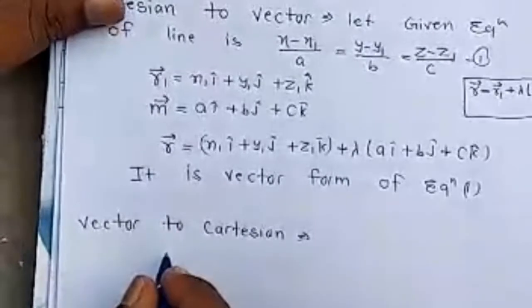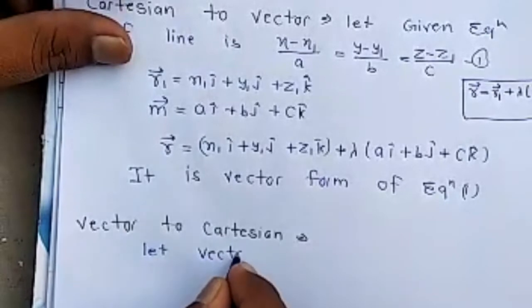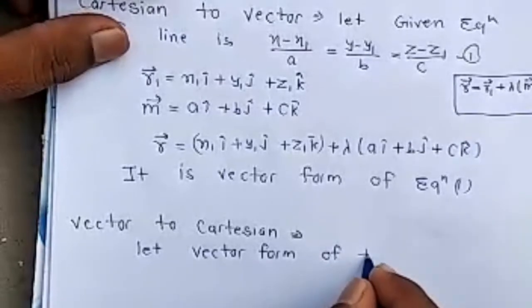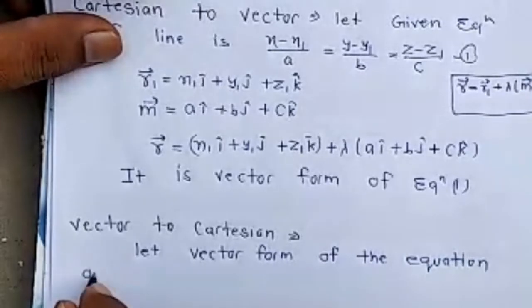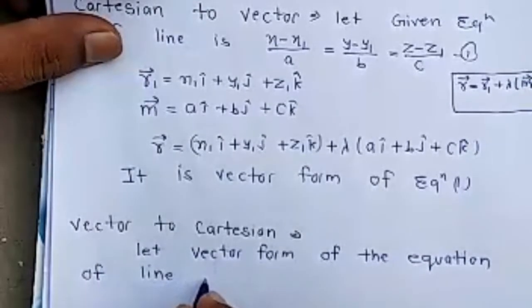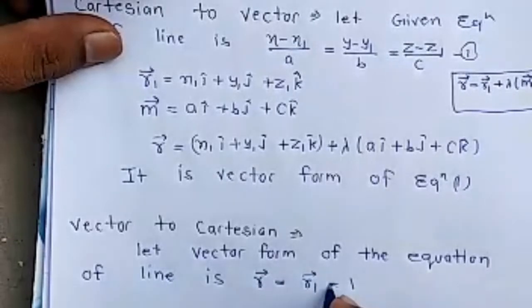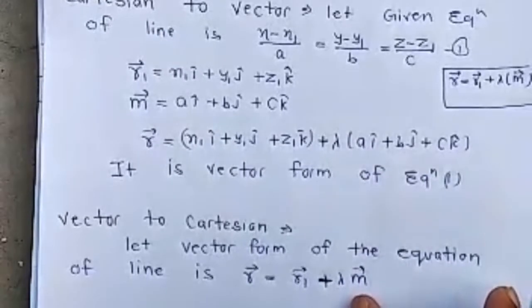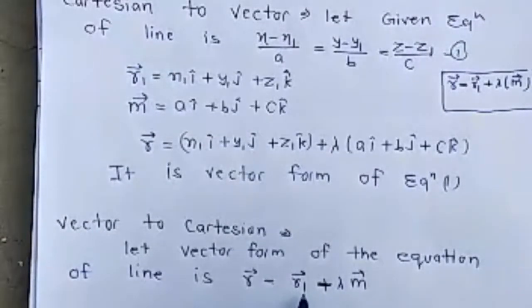Vector to Cartesian form. Let the vector form of the equation of line be r vector equal r1 plus lambda m vector, and r1 is the position vector of a fixed point.